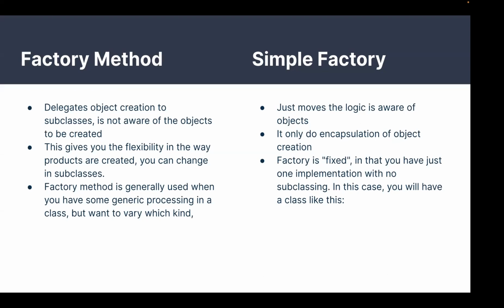I hope the differences between the two are clear. So suppose you are seeing some hierarchy or some inheritance, or you think that going forward you want to add more types, then use factory method, or else you can use simple factory.